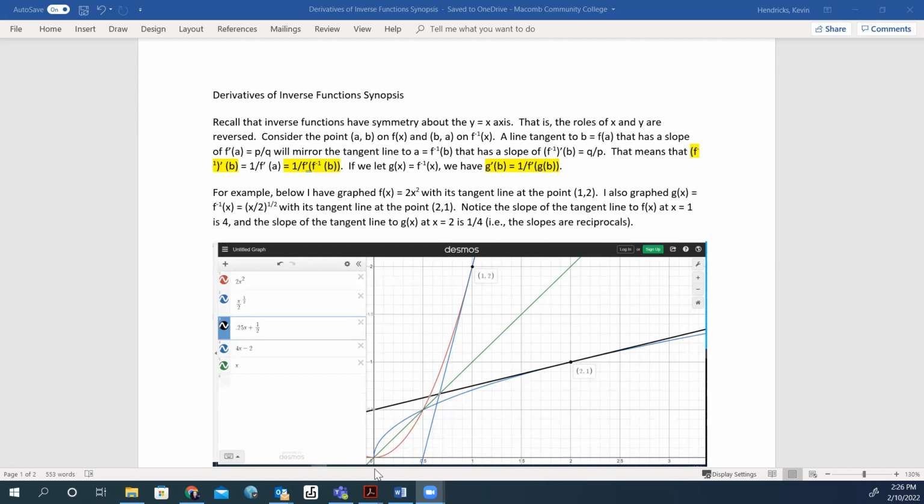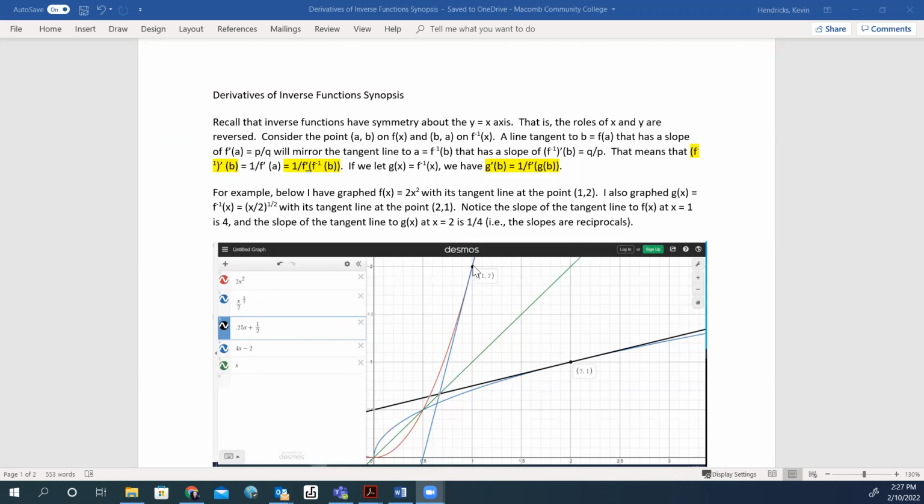So that in this drawing is the green line, right? And what that really means is for any xy pair that's on f of x, the yx pair will be on the inverse function. So for example, in this series of functions that I've put in Desmos, my main function f of x is going to be 2x squared.